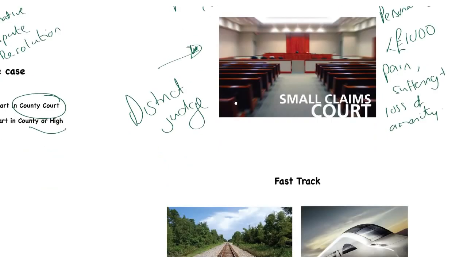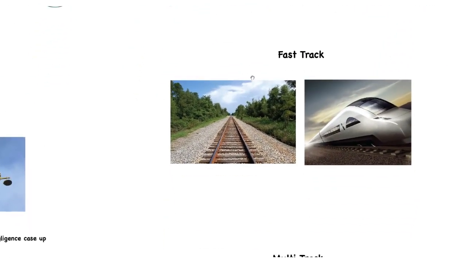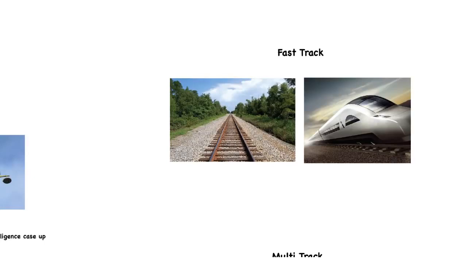The next set of serious cases would be heard in the fast track. And they're normally for cases that are not able to be heard in the small claims. Their claim value is less than £15,000. Trials not expected to last more than 1 day, so it's relatively straightforward.